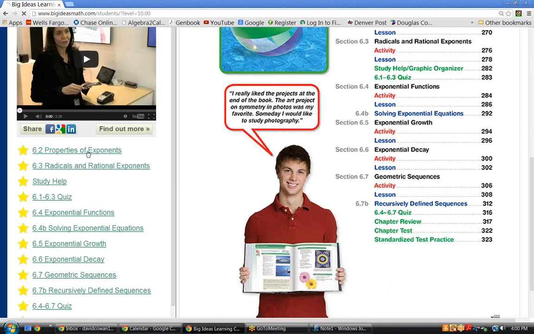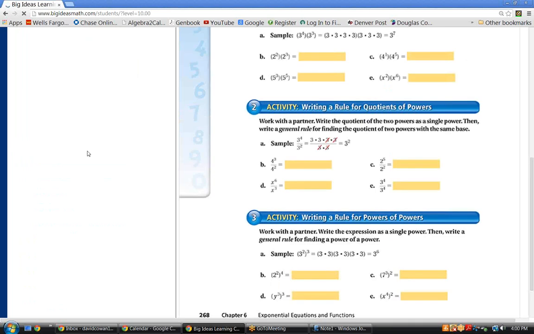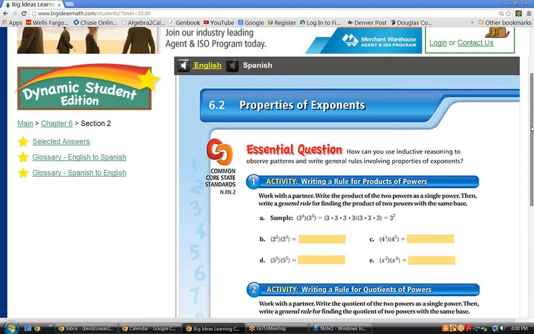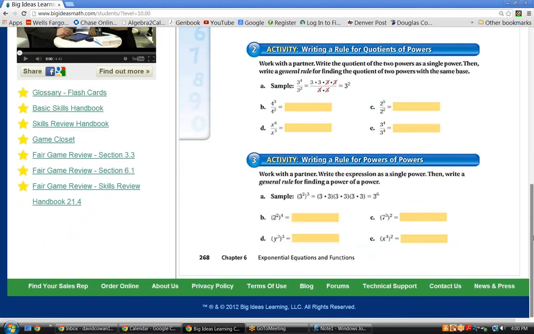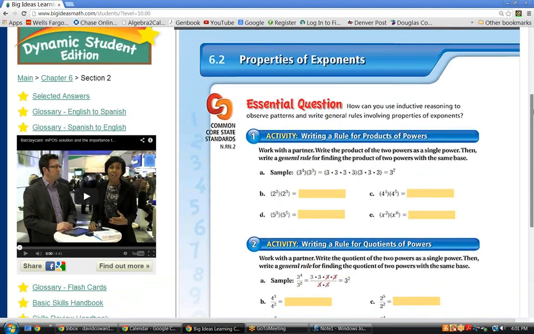So let's talk about exponents. These are always fun. Do you know about exponents? Do you know that 3 to the 4th times 3 to the 3rd is equal to 3 to the 7th? Okay, let's go straight to the exercises. Skills review, glossary flashcards. They always puzzle me with the way they break these chapters up.